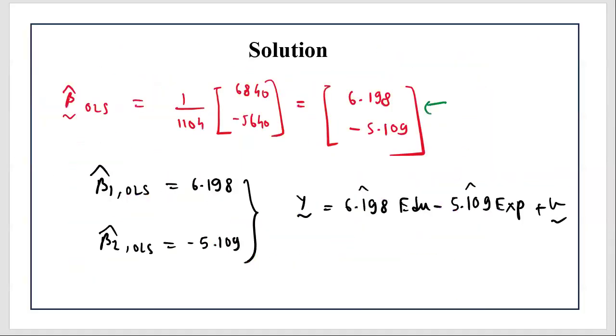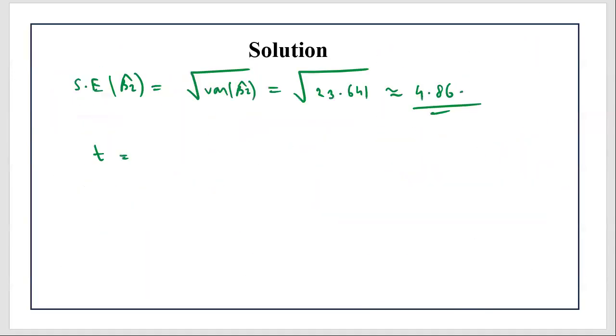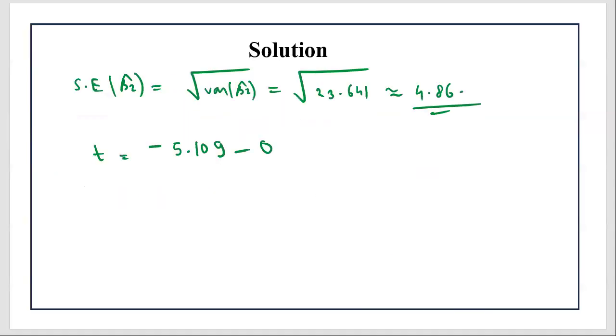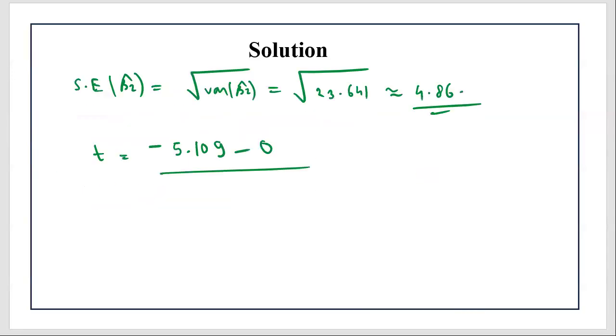Let me go back and see. Beta 2 cap is this, minus 5.109. So minus 5.109 minus the value under H naught is 0 upon the standard error of beta 2 cap. Standard error is 4.86. So if you do the calculation, this will be minus 1.051.